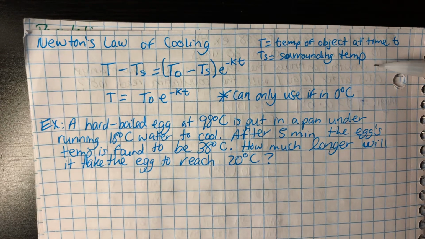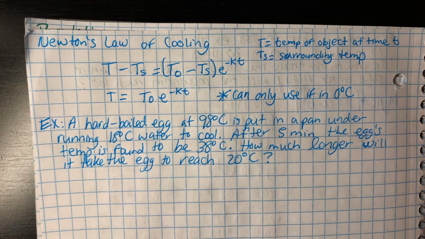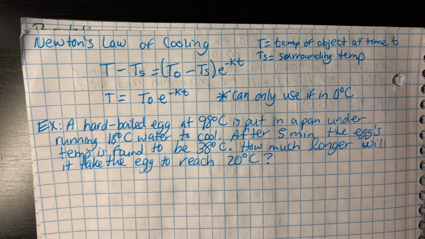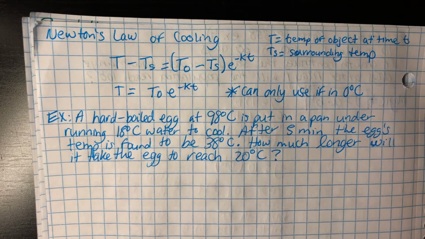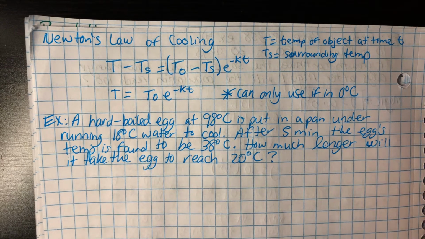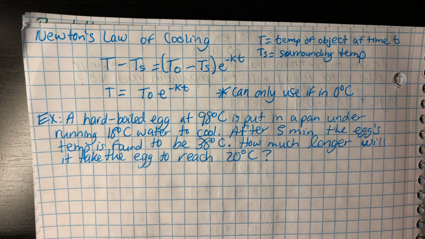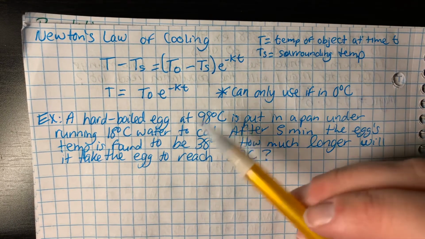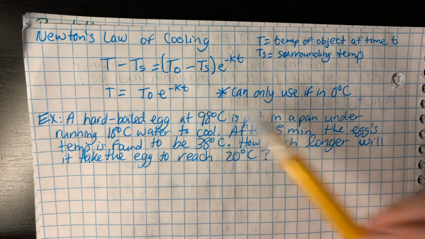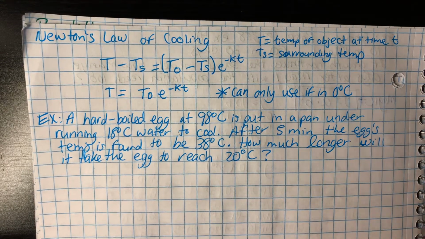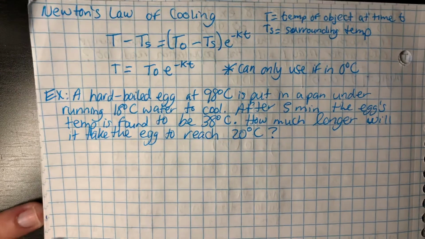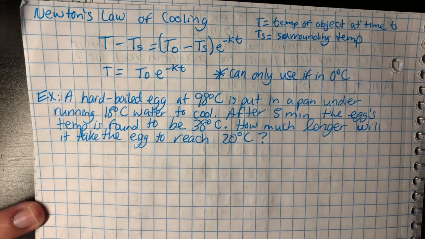So for example, if you bake cookies and you take them out of the oven, the temperature in the room is going to impact how fast they cool down. So that's what this Ts is relating to. You can use this equation only if the surrounding temperature is 0 degrees Celsius. Okay. All right, so let's work on this problem.